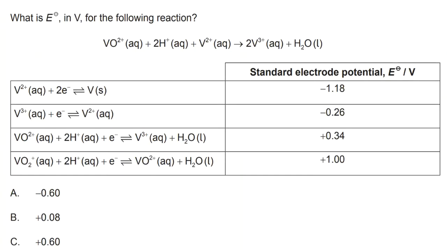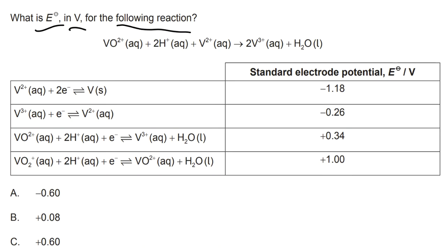What is the value for E in volts for the following reaction? VO2 plus, V2 plus. Okay, so vanadium, I think, standard electrode potential. It's actually quite difficult.